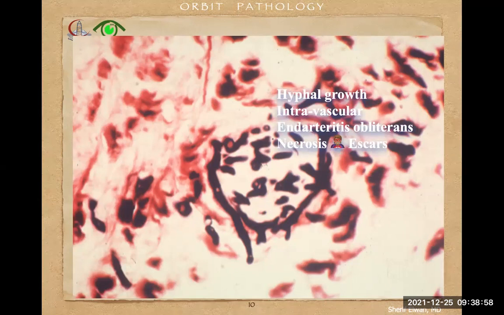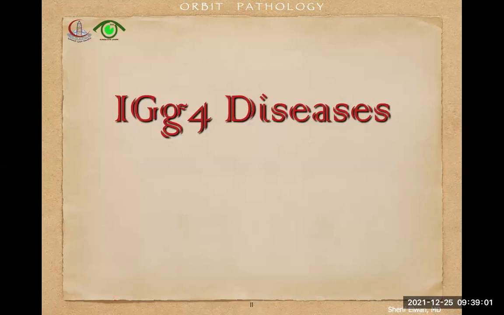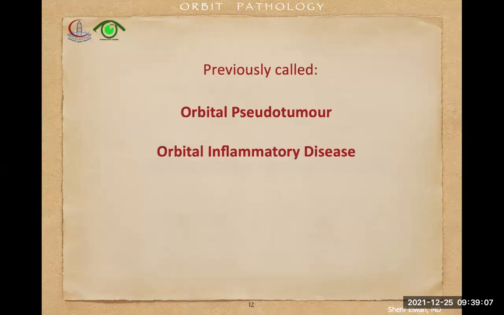Eschars are necrotic scars. And then we shift to IgG4 disease, which is a chronic, non-specific orbital inflammation. As I said, it was previously called orbital pseudotumor, orbital inflammatory disease, chronic orbital inflammatory disease. All names were of very indefinite nomenclature and were confusing.